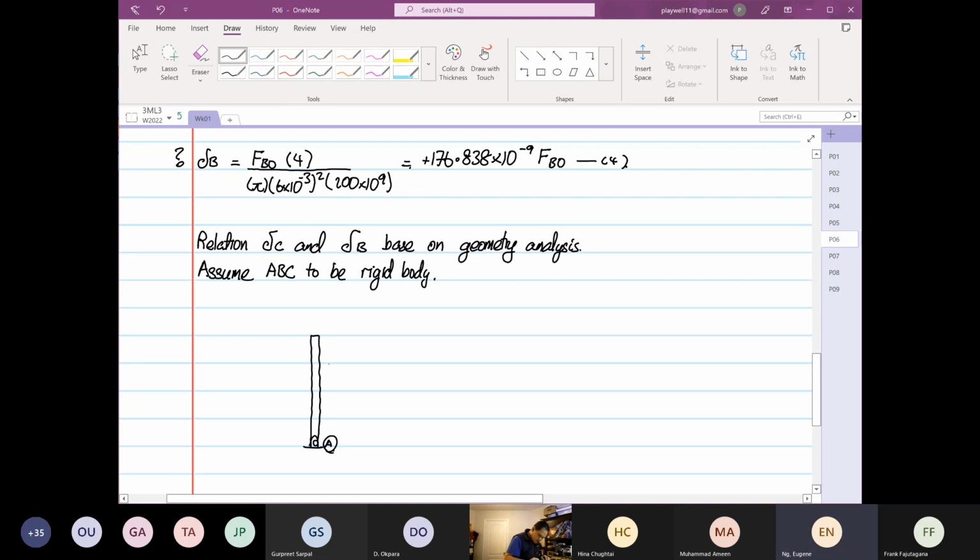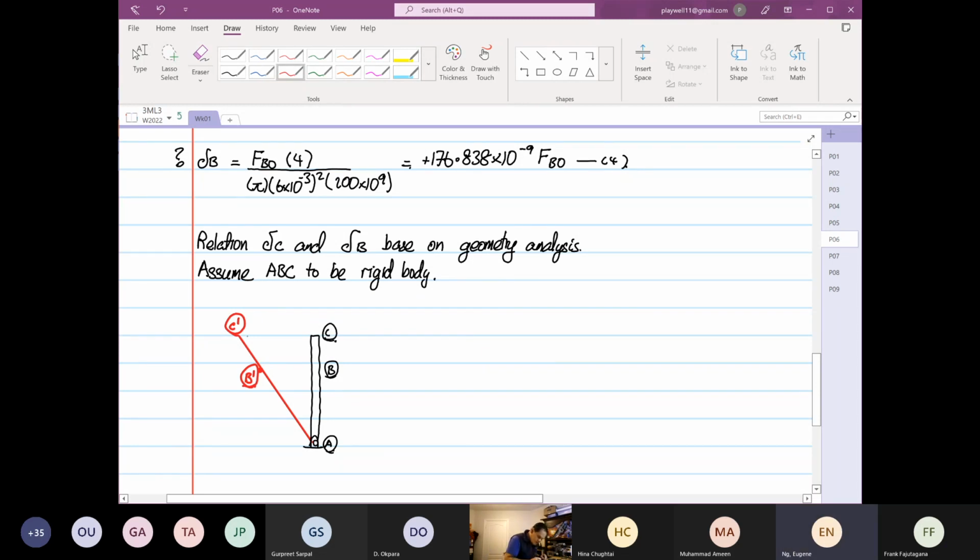Then somewhere up is our point B, and then there is our point C. Because we assume a rigid body, the deformation will be the same. Not the same, but the C prime and B prime will share the same gradient.